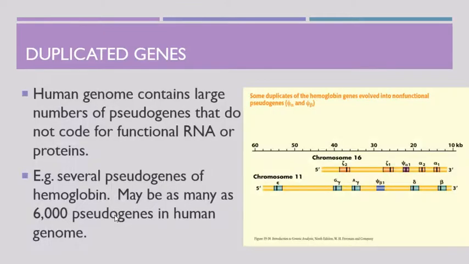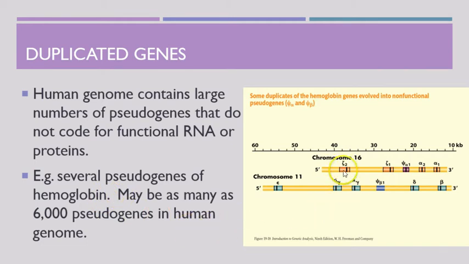But duplicated genes or pseudogenes are really, really interesting because they don't code for functional RNA or proteins, even though they may have the same sequences. They're missing whatever they need, maybe a promoter or whatever, to actually be transcribed, okay? And there are lots of pseudogenes, and there may actually be as many as about 6,000 pseudogenes in the human genome alone, but one of those that has many, many replications is hemoglobin, and different families of hemoglobin have different replications.